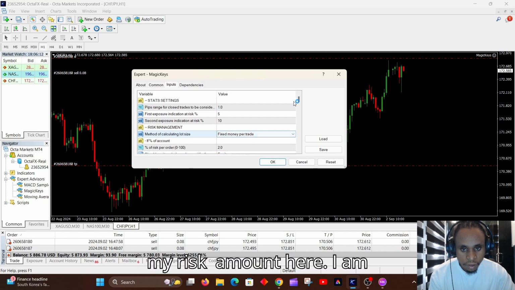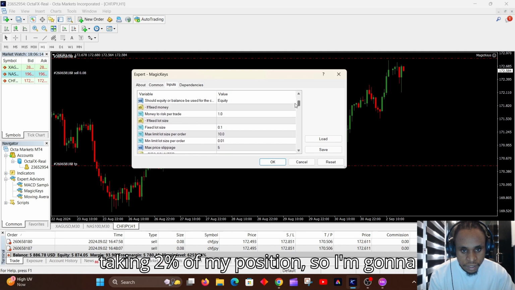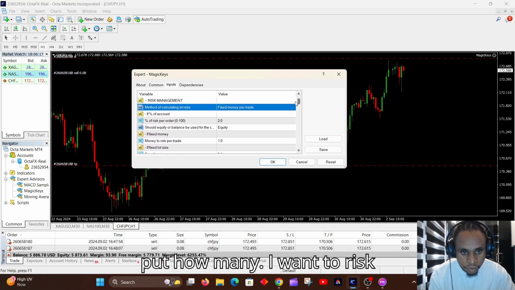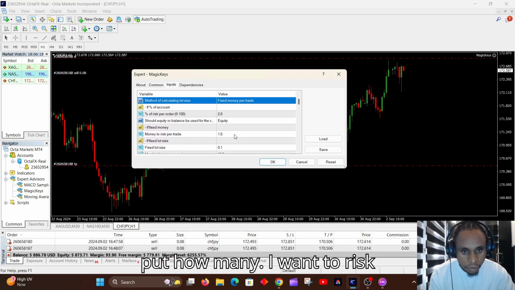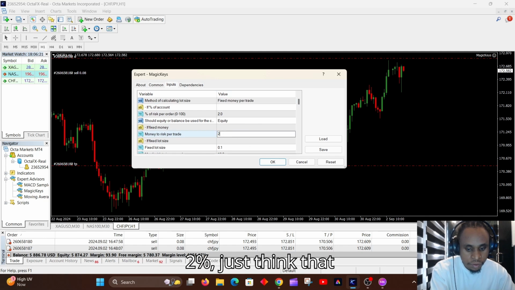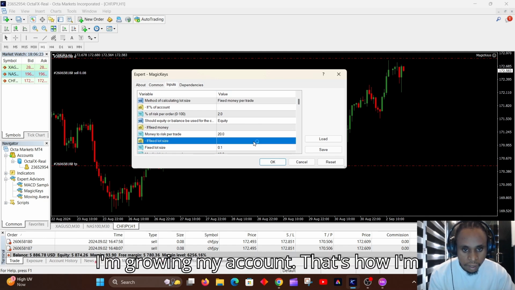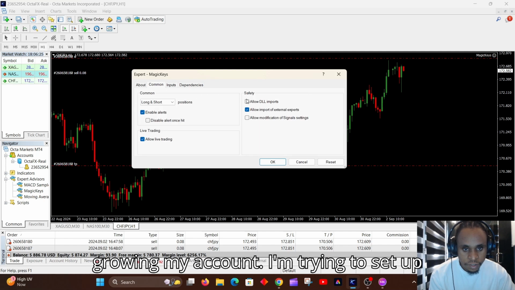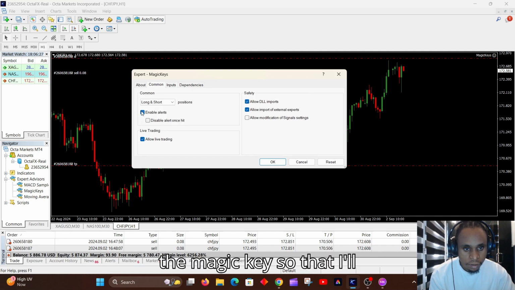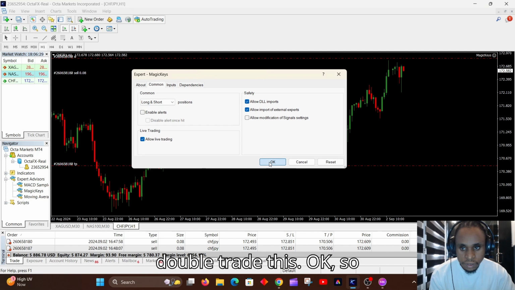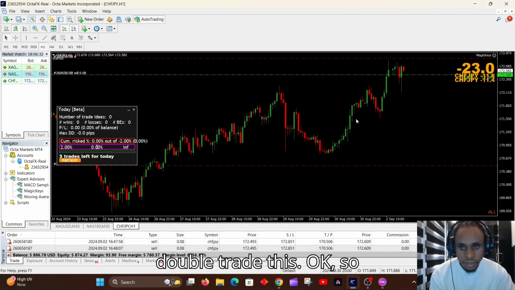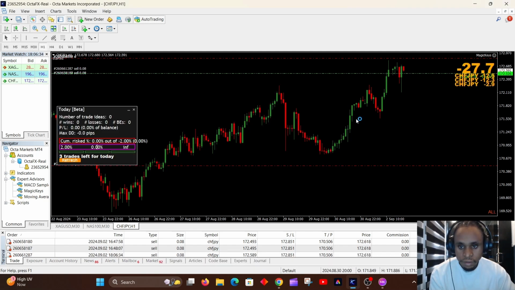Risk amount here. I am taking 2% of my position, so I want the risk at 2%, just $20. I'm growing my account. That's how I'm growing my account. I'm trying to set up the magic key so that I'll double trade this. Okay, so I will double trade.